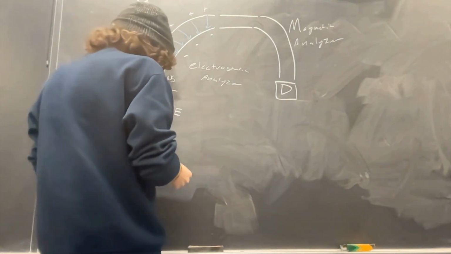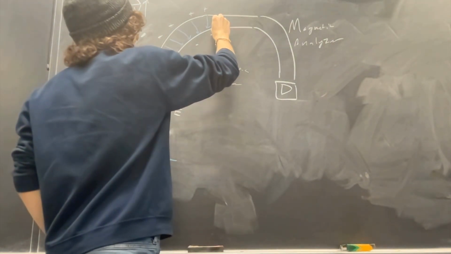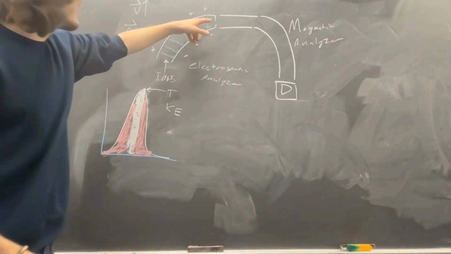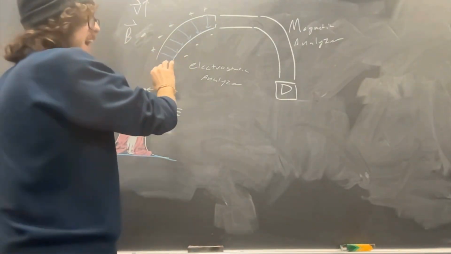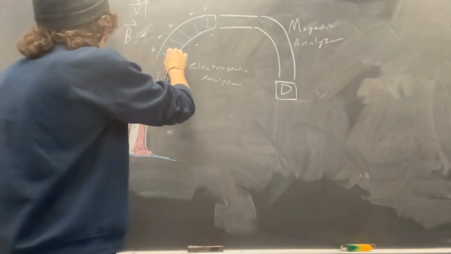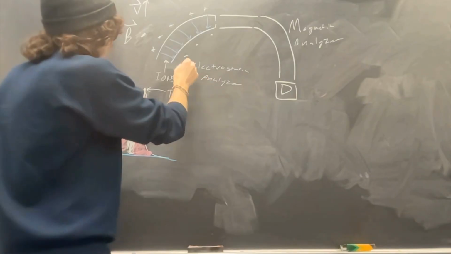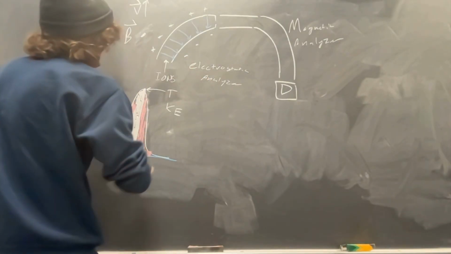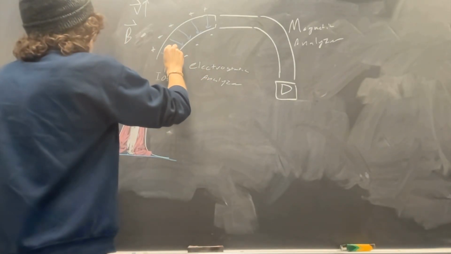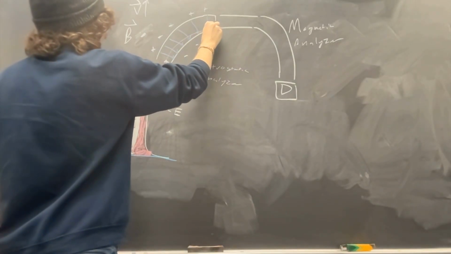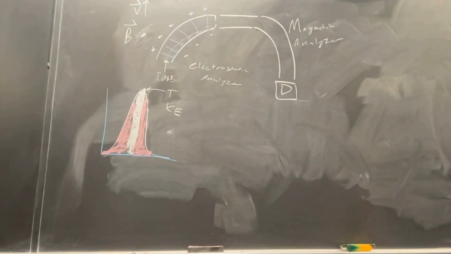And if we put a slit at the end, let's say we have too slow of a molecule. This very slow ion, let's draw this trajectory in red. It's going to get shoved by the electric field, and it's not going to make it through the slit.